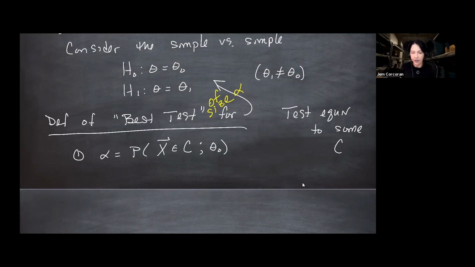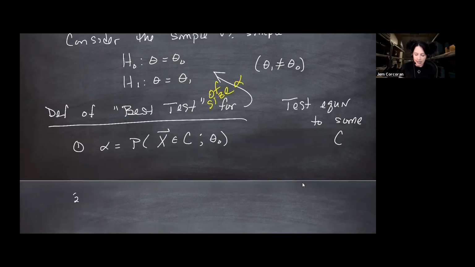Number two in this definition will make it best. So the second thing is, where can we compare them? They have the same probability of making a type 1 error. We can compare them in their type 2 error. We want to talk about rejecting when we should.